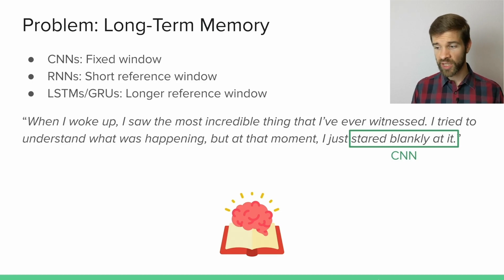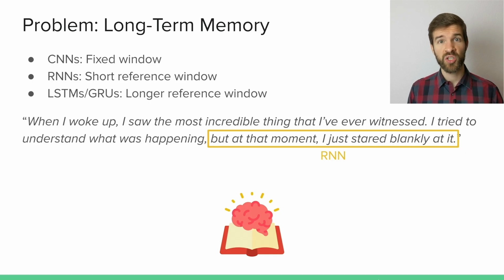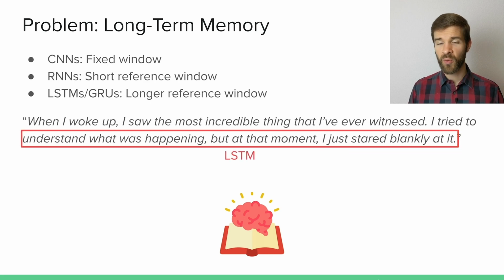With recurrent neural networks, we get a somewhat longer reference window where the network still remembers some of the information that it saw before. And with LSTMs, we were able to extend this to an even wider reference window where we can see and understand much longer parts of our input.